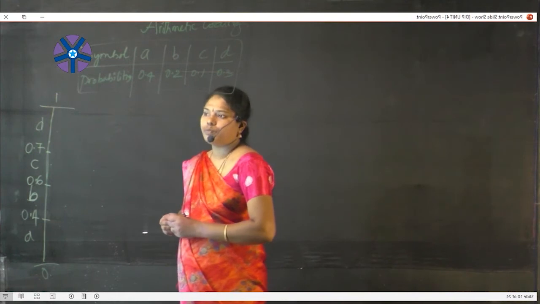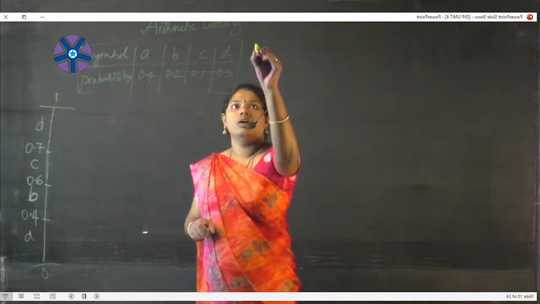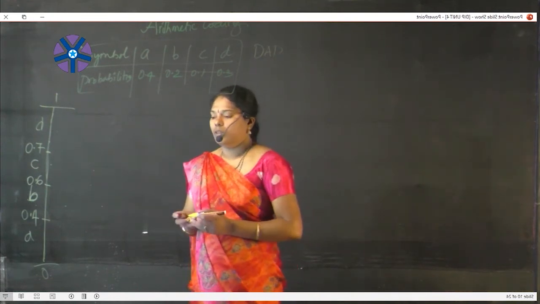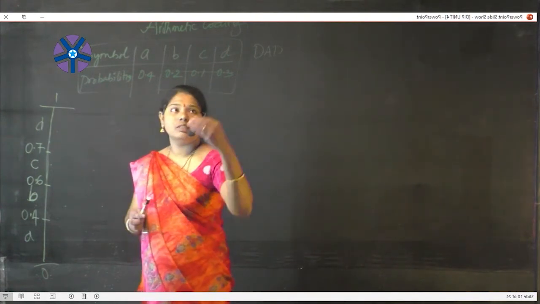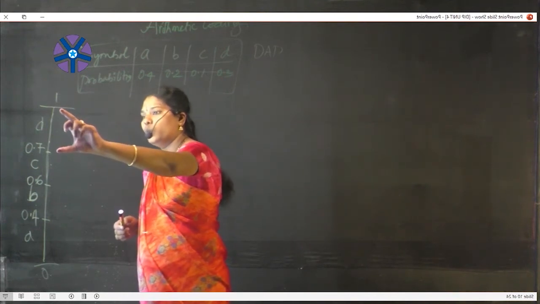Now let's code the message DAD. To code the symbols DAD, what is the first letter? D. So it is in the range of 0.7 to 1.